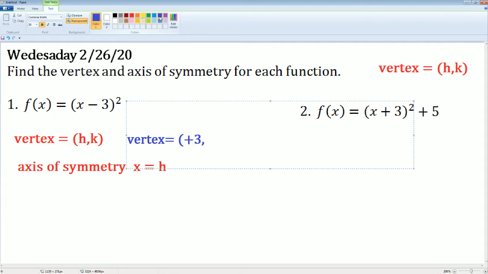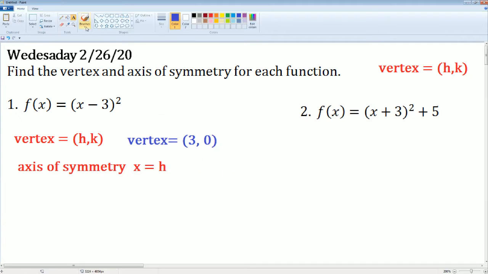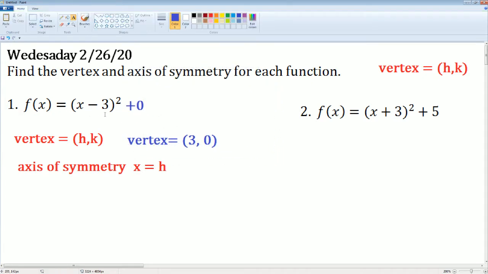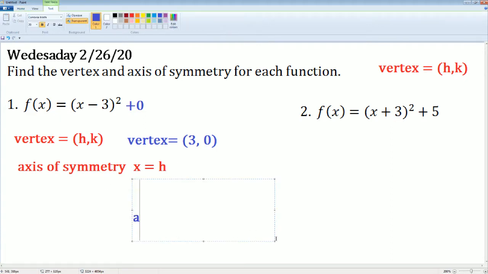I don't write the plus 3, just 3. My k just becomes 0. You don't see it, but there is a plus 0 here. They just don't write it. So the vertex here is 3, comma 0. So your axis of symmetry is x is equal to 3. Okay, there you go.